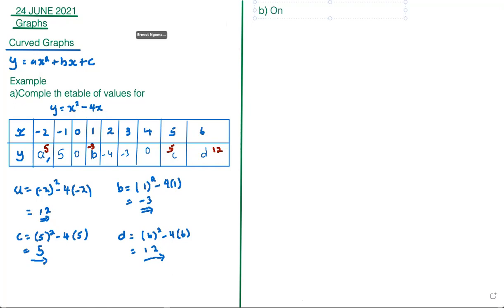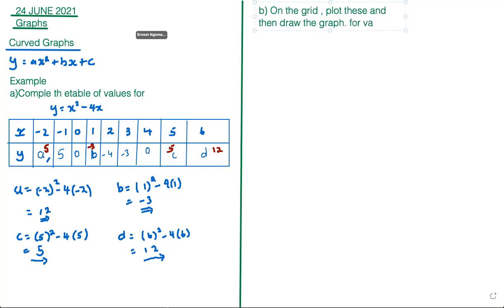So B says on the grid, plot these and then draw the graph. Draw the graph, right?